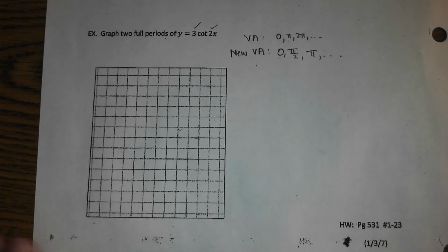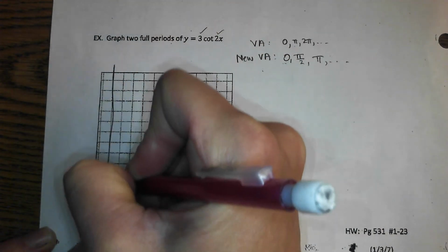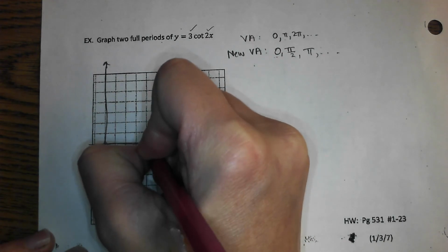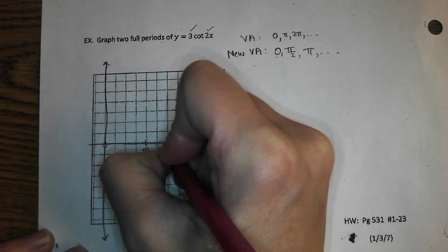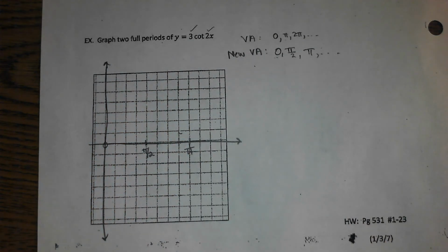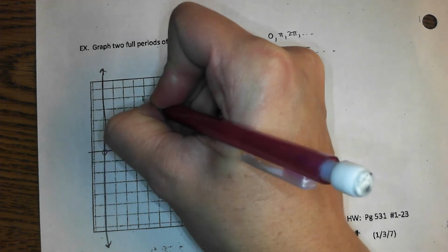So they want 2 full periods, so I'm going to start right at 0. And I'm going to 0, pi over 2. Every time I reach a new asymptote, that's a new period. So I'm good with that.